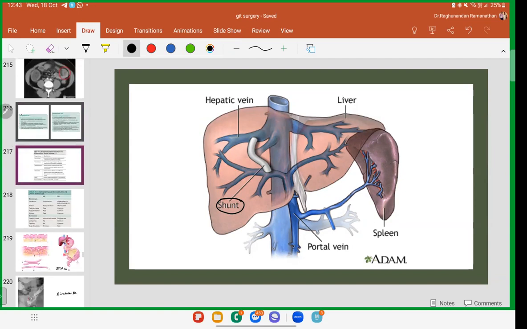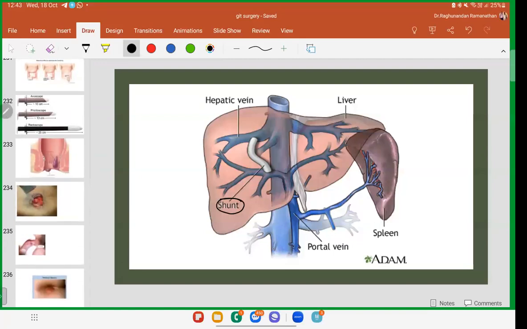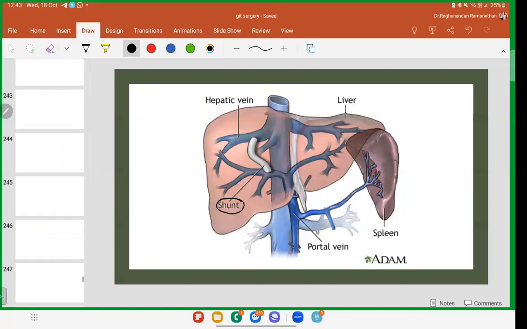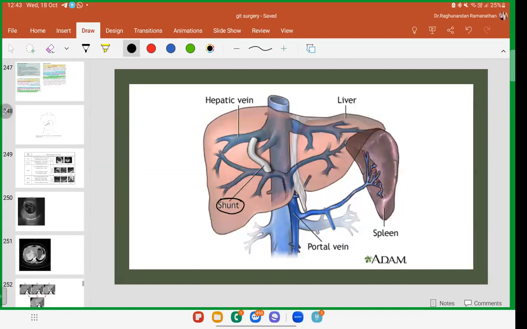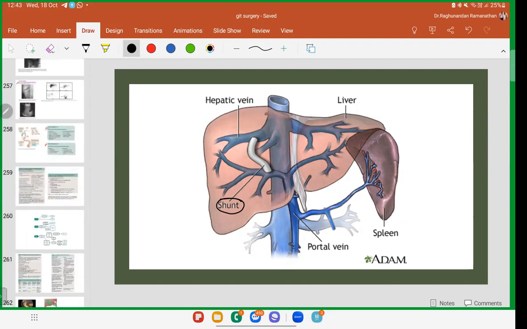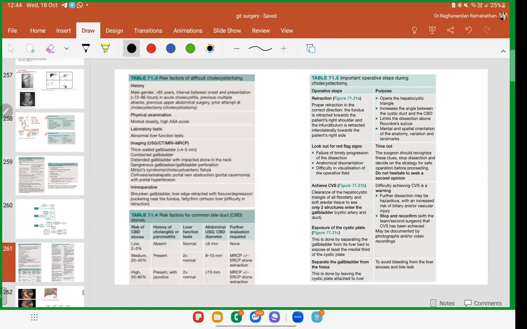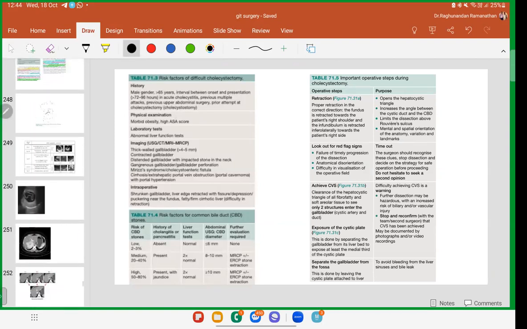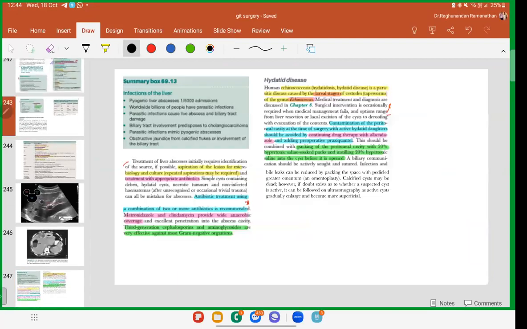Okay, let's discuss this Child-Pugh scoring. It is going to have certain factors. What are the factors? Number one, encephalopathy. It is also going to tell about the ascites of the patient. Can you see here?